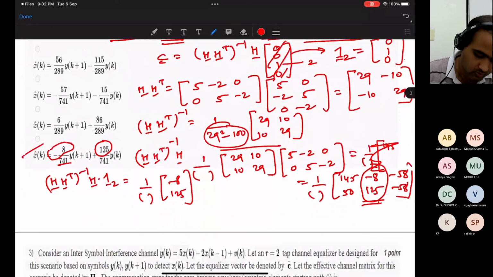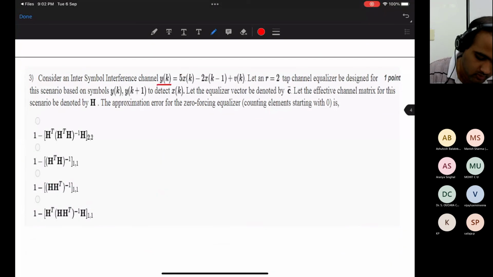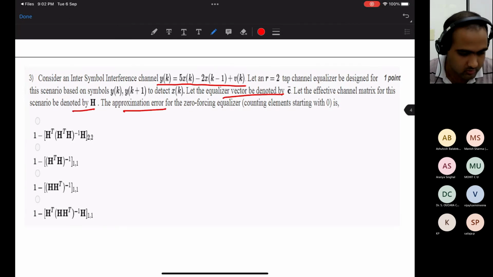All right, we move ahead. So this problem is still the same as the previous one. And what has it asked? Let the equalizer be denoted as C, let the effective channel matrix be denoted by H, and the approximation error. All right, so approximation error.